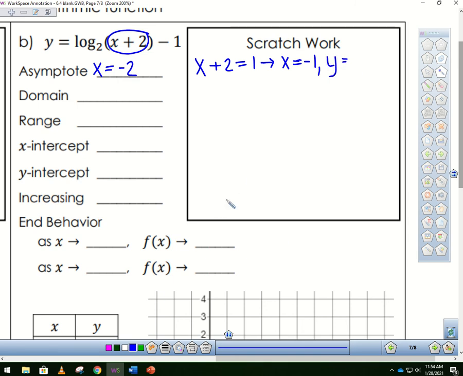And then we need to find the y value. How do we find the y value? We have to plug in the x. Good, back into the log equation. That's going to be -1 plus 2, minus 1, right?